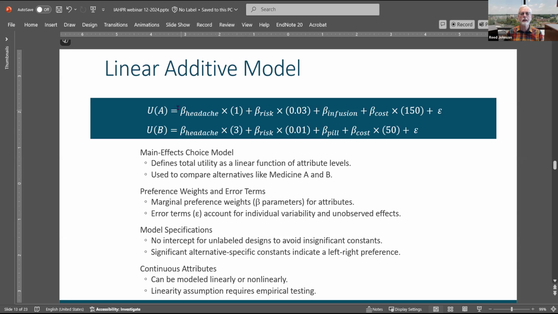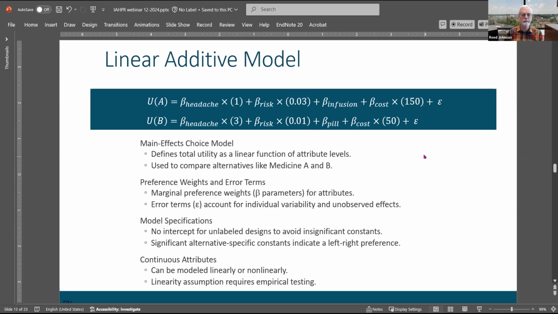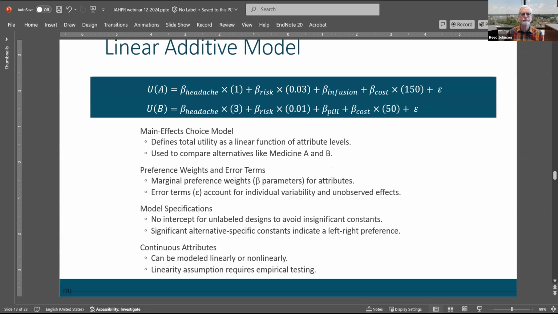So we usually suppress that, or maybe check it as a validity test. Now, continuous variables can be modeled linearly or nonlinearly. If you are going to use a linear assumption, then you better first estimate a categorical model and demonstrate with a linearity test that a linear model is actually appropriate.